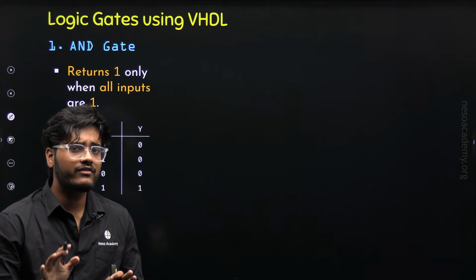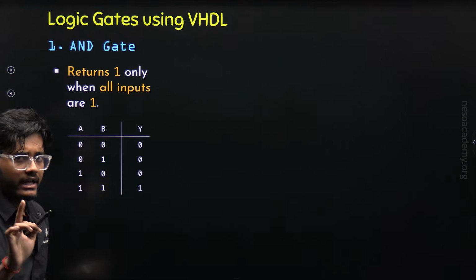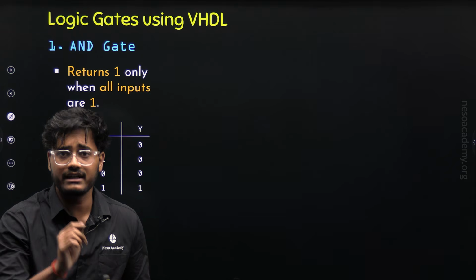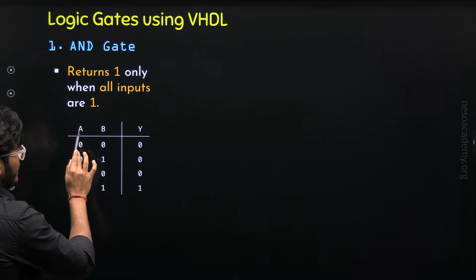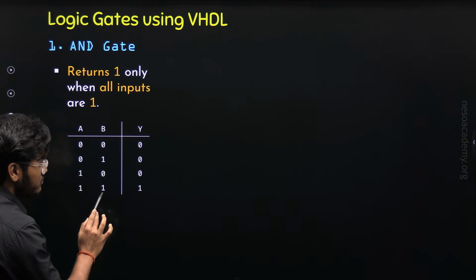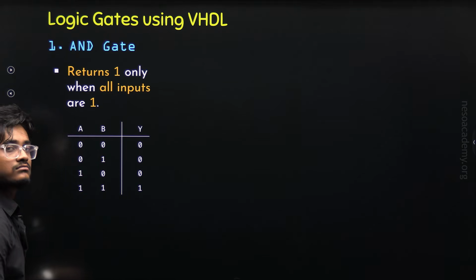Now, the reason why we are calling this gate an AND gate is because it acts like the English word AND. Here, output requires input A and input B both to be 1 in order to generate the output as 1.